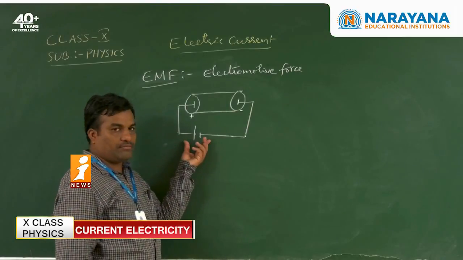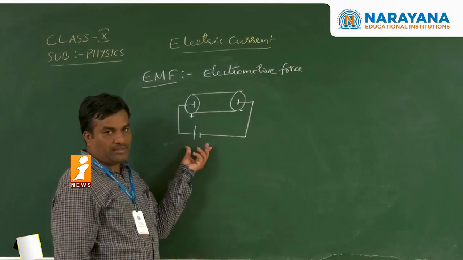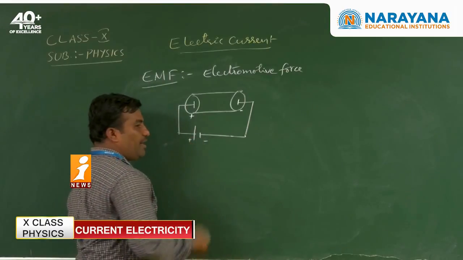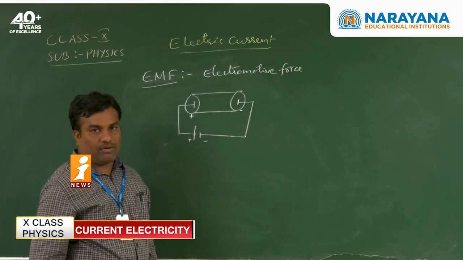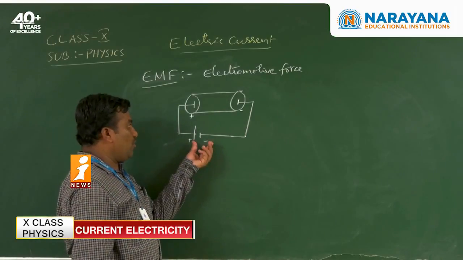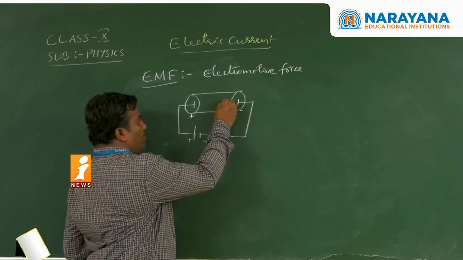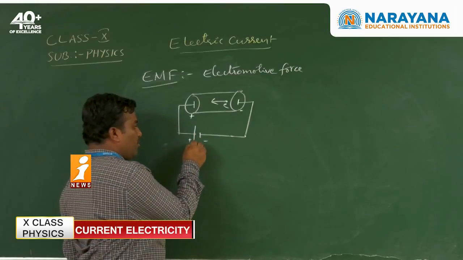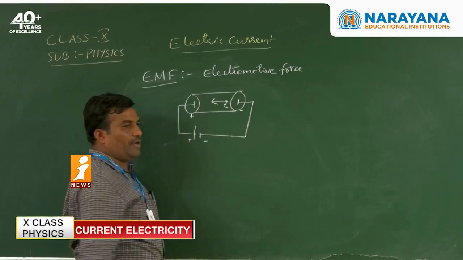At the same time, negative ions travel from the positive end to the negative end by the chemical force inside. So electrons travel from negative to positive outside, and negative ions go from positive to negative inside.